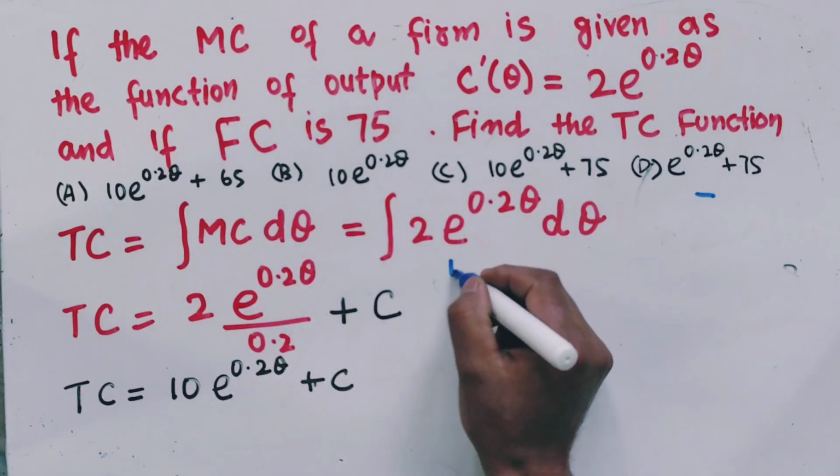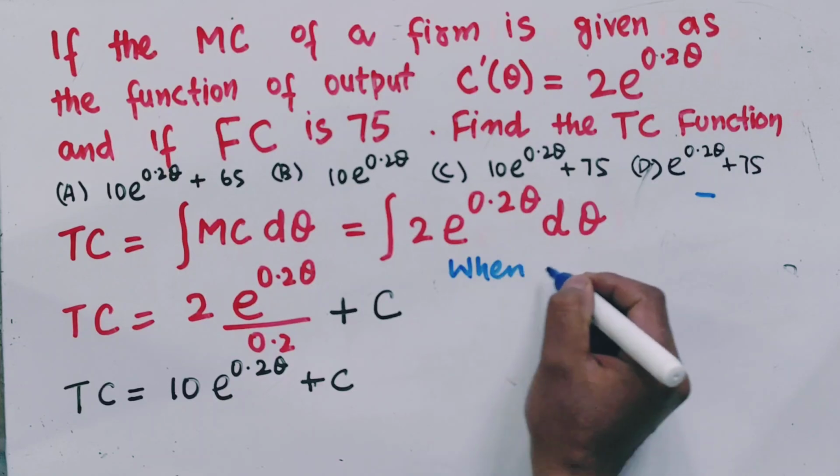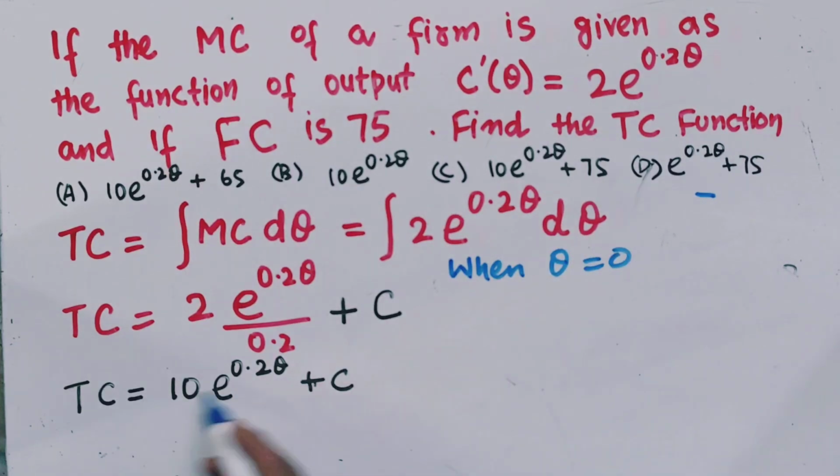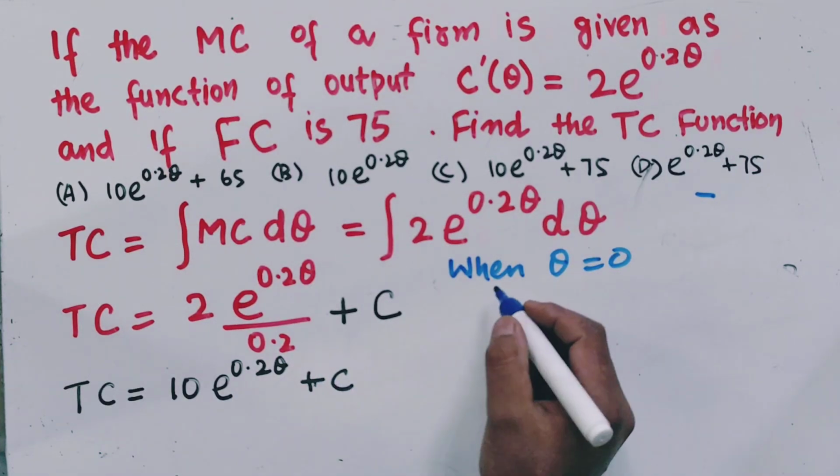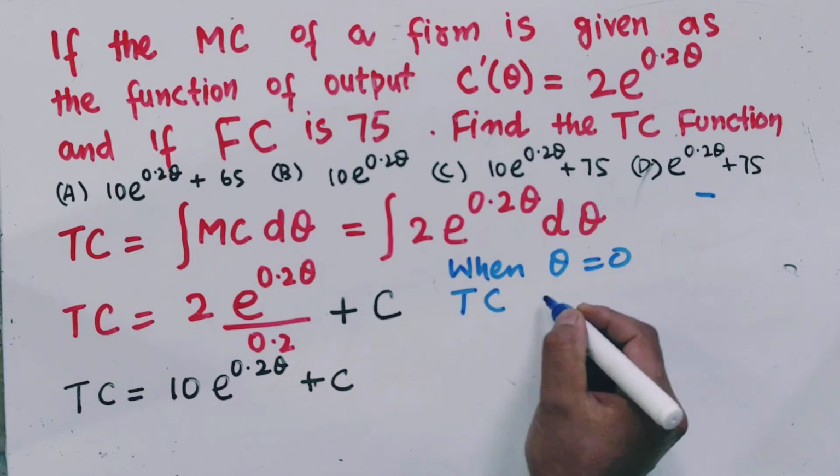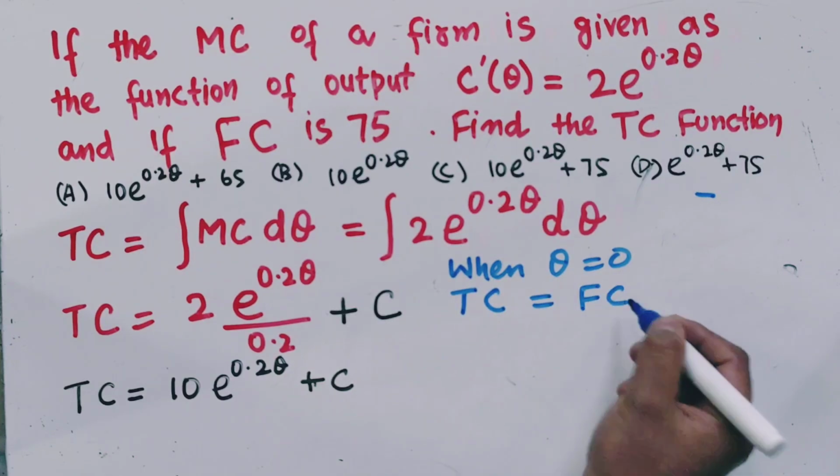Now when output is equal to 0 in this equation, when Q is equal to 0, what will be the total cost? It will be equal to the fixed cost, obviously.